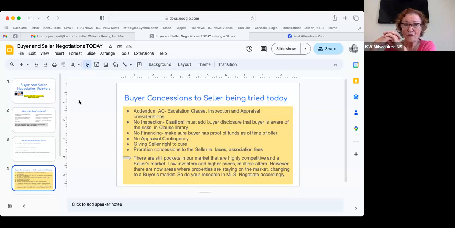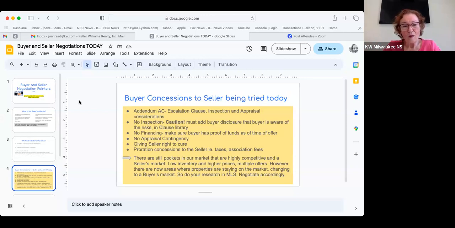So if you're crossing off the appraisal contingency paragraph in the offer to purchase, don't forget that there still will be an appraisal with the financing in place, but not necessarily a cutoff of your offer.